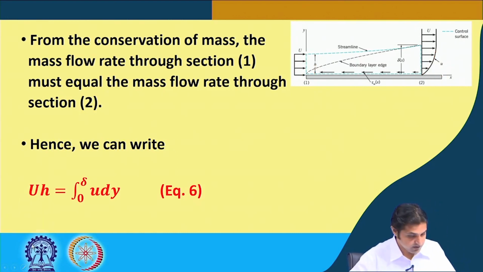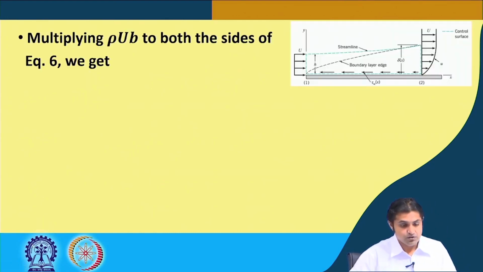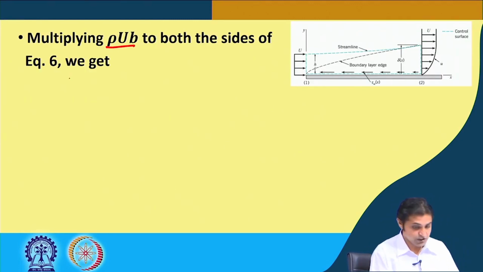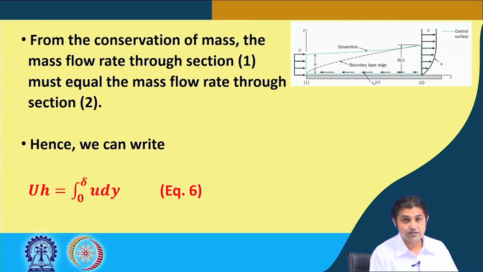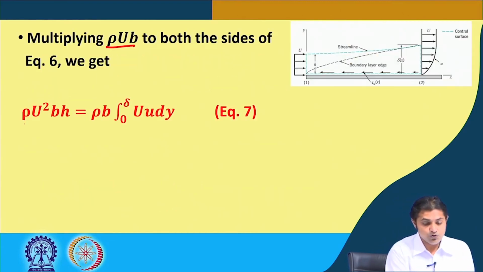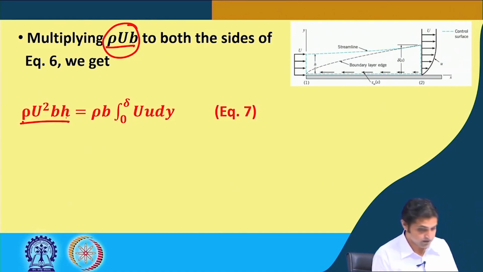Very simple. So, if we multiply rho Ub to both sides of equation 6, we get rho capital U square bh is equal to rho b integral 0 to delta capital U small u dy.